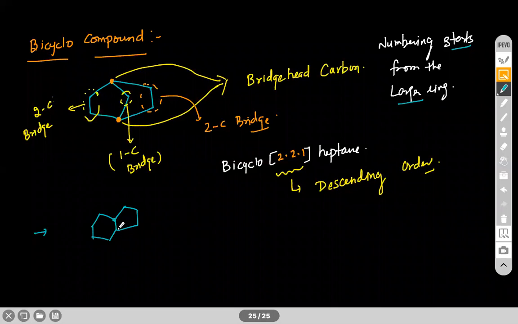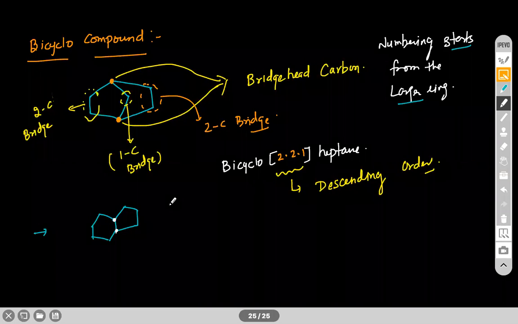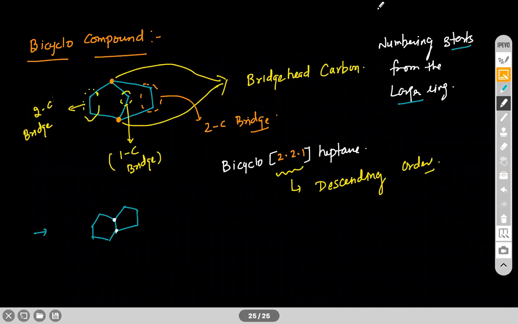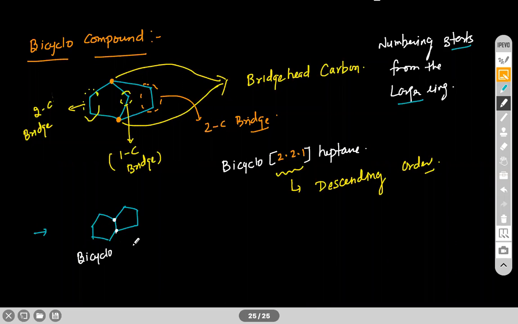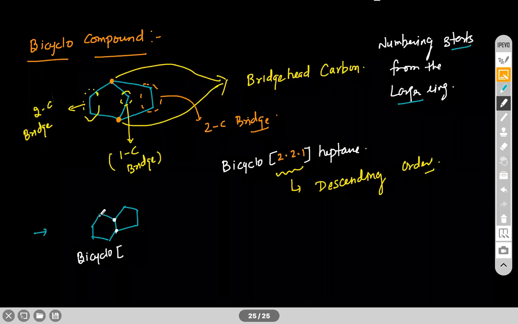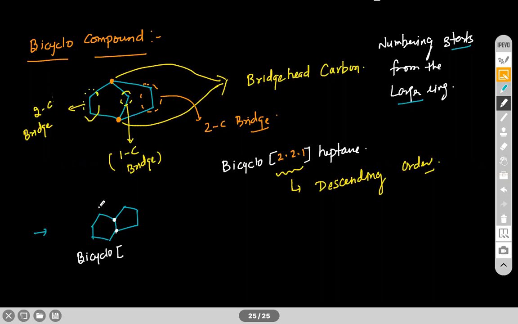This is the 2 carbon we have here. The bridgehead carbon is this. So this one is bicyclo. Then numbering will start from here.